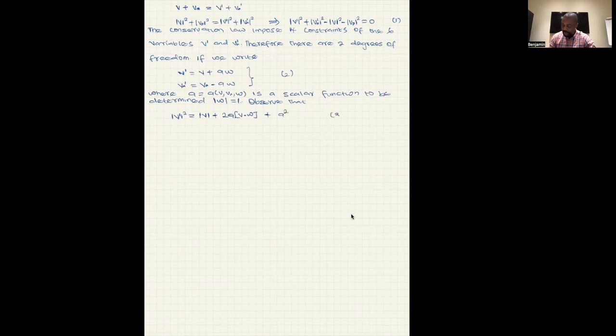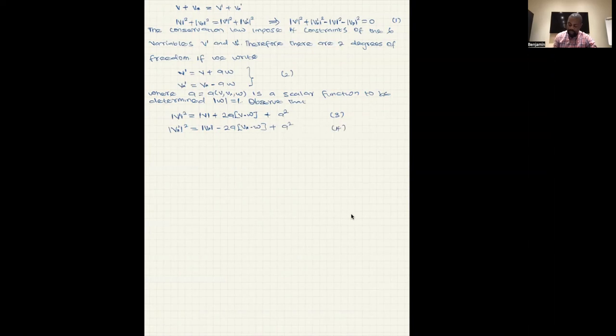We call this equation 3, and the absolute value of v star prime squared is equal to the absolute value of v star squared minus 2A times v star dot omega plus A squared. We call this equation 4.